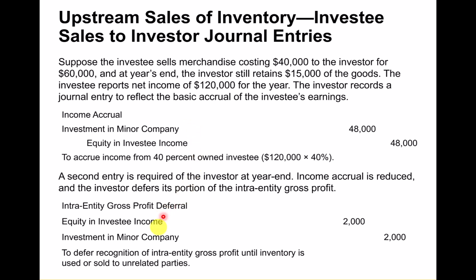So here's a decrease to the income, debiting that income account, reducing the investment account, crediting that income account. Now, when we do sell that 15,000 still on hand next year, what we're going to do next year is reverse the debits and credits to report that deferred income in a subsequent year. Okay, so all of this is done because of this relationship, intra-entity sales.